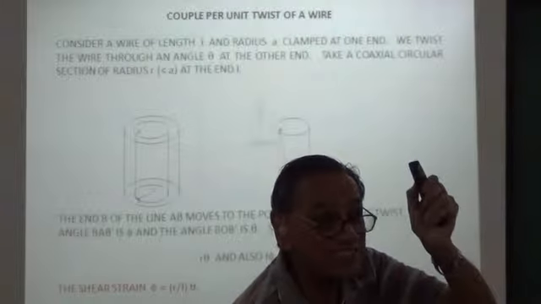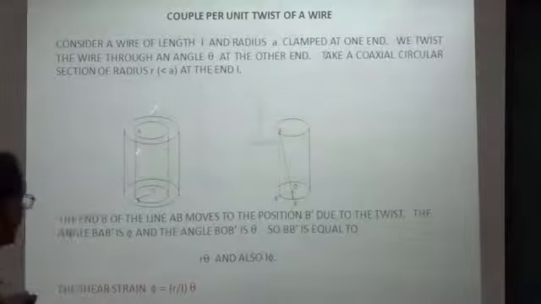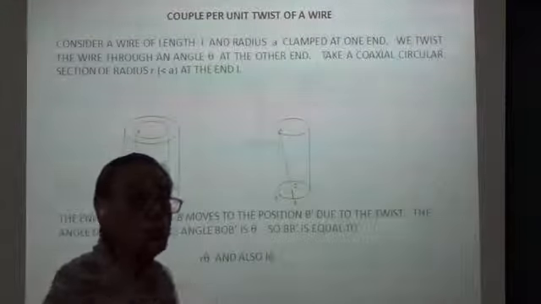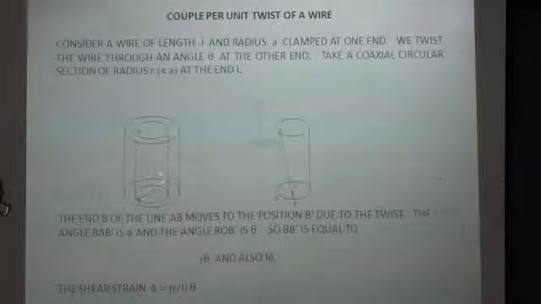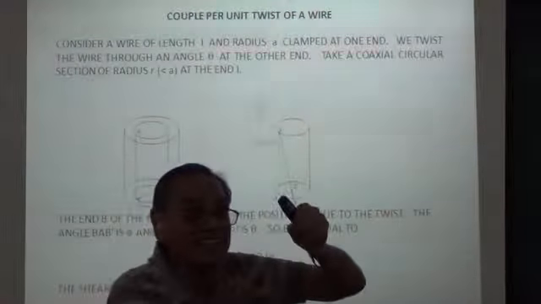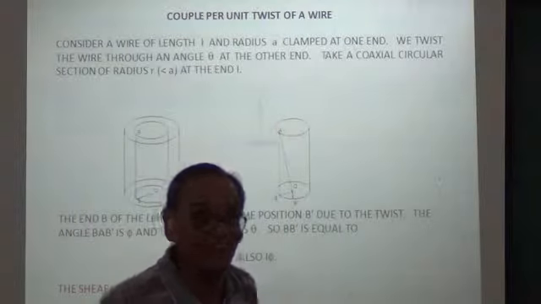Now I twist the bottom. When I twist, the top is clamped. So A does not move, but B will move to the position B dash along the circle. Twist means you are not increasing the radius, you are changing the direction of the vector.